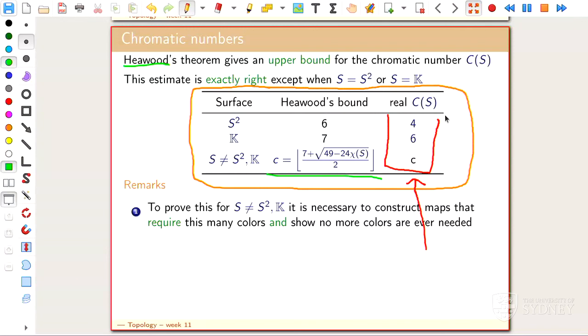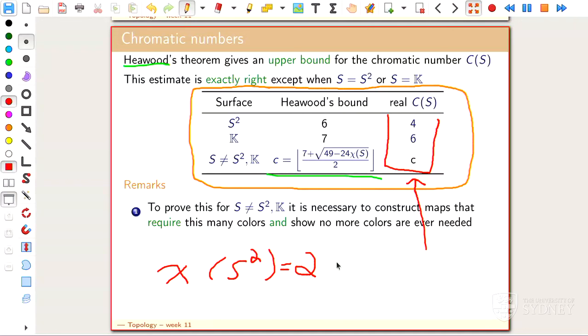Okay. Let me just do this calculation for chi of the sphere. This is a bit confusing the way I've written it, but somehow there was no other way around. The chi of the sphere is 2. Okay? So let's plug it into the formula. So 49 minus 2 times 24.